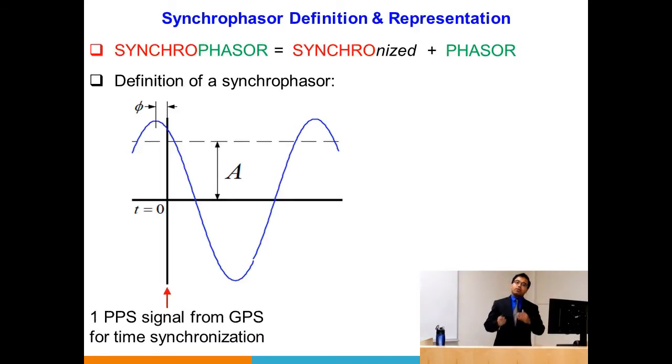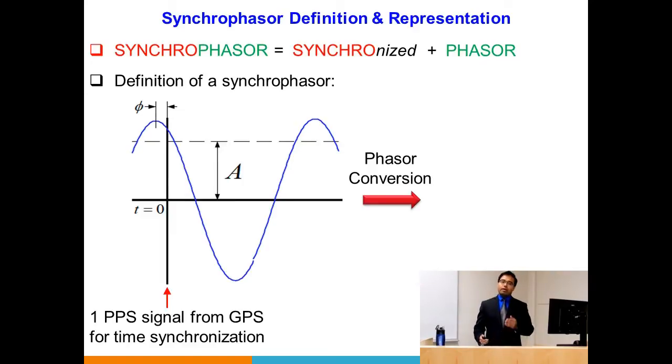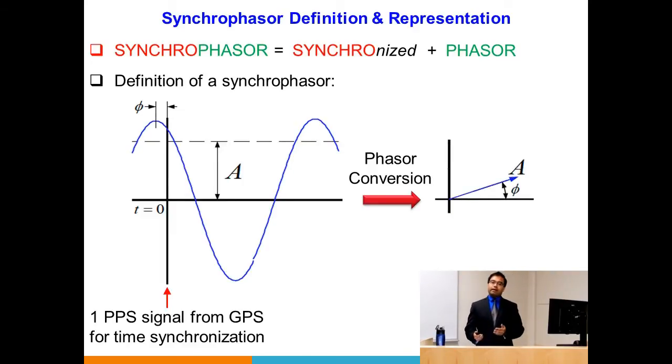Now the question is, where does this time reference come from? It comes from the 1 pps, or 1 pulse per second, signal from the GPS satellites. That is what provides the time synchronization to these measurements. If you want to convert this into phasor form, it will look something like this: A at an angle phi. Now we provide a time stamp to it and it converts to a synchrophasor.